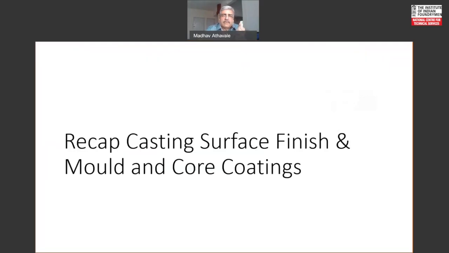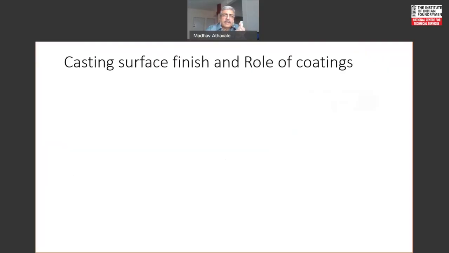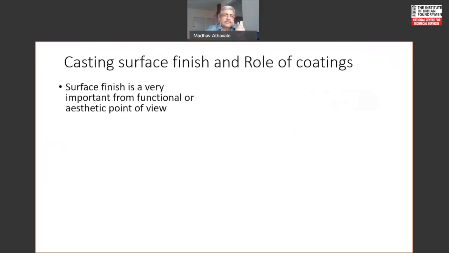A quick recap. Casting finish and role of coatings. Now, surface finish, as most of you know, is a very important parameter for acceptance of castings by the casting buyer. And that can have two reasons.